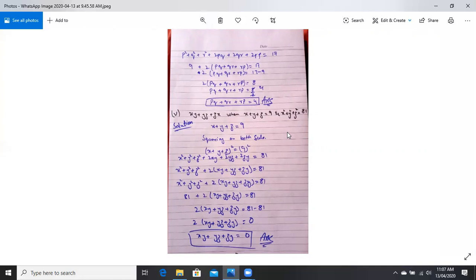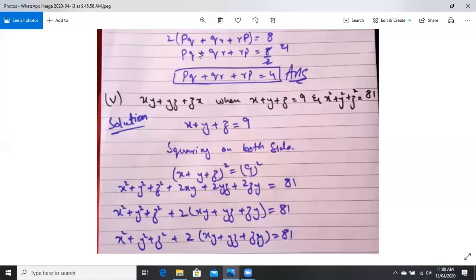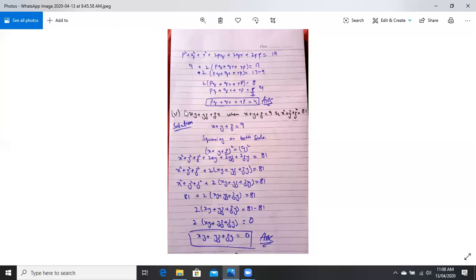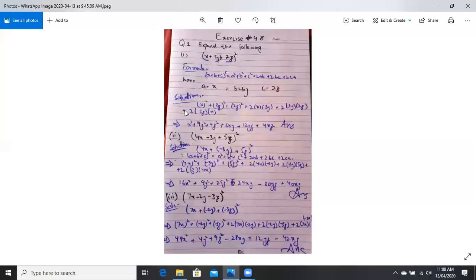Inshallah, hope for the best. You will get high marks and you will learn mathematics easily. So these are the important questions which I solved with you guys. So now these are the 6 questions which we solved today, and the exercise 4.8 is completed now.